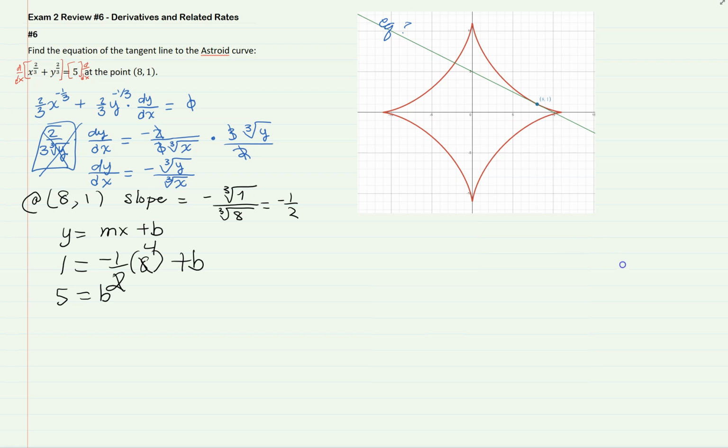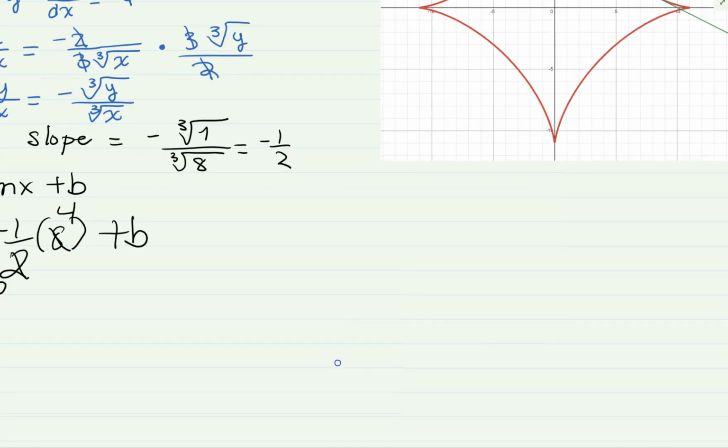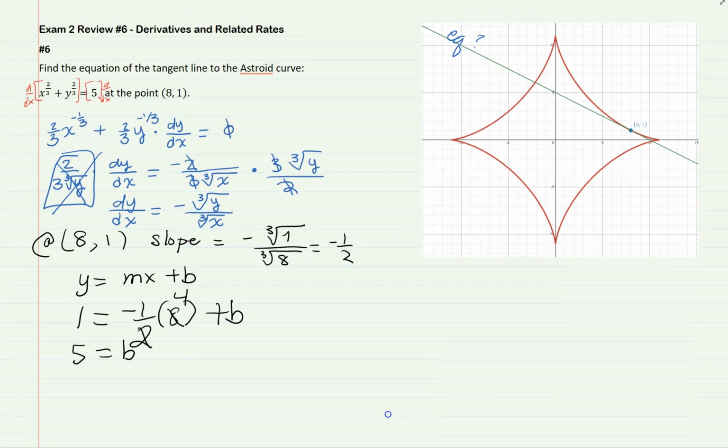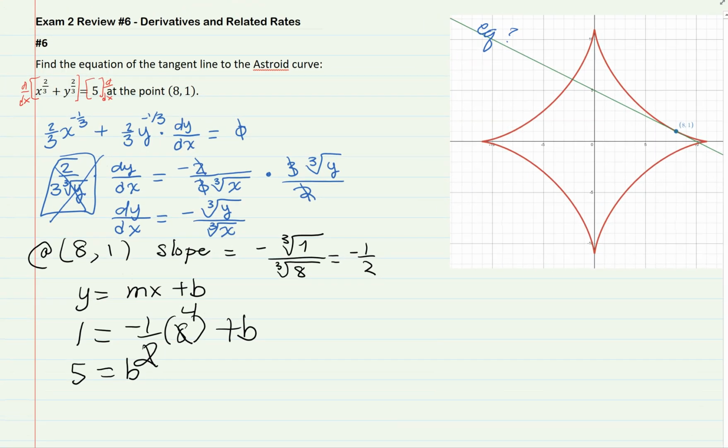So then we would say the equation of the line that we're looking at here is going to be y equals negative 1/2 x plus 5.